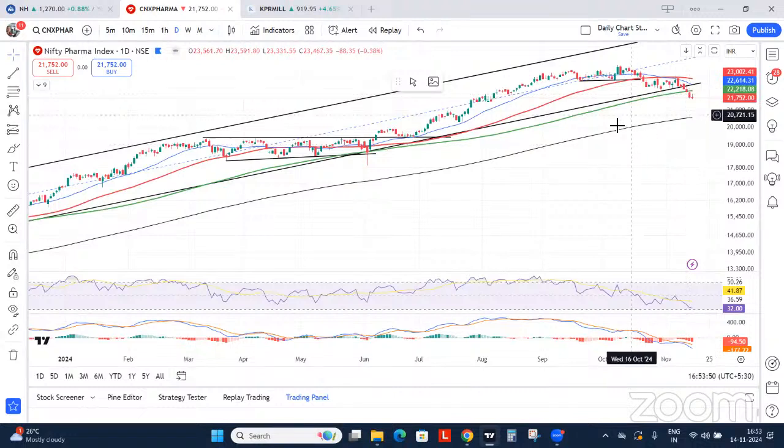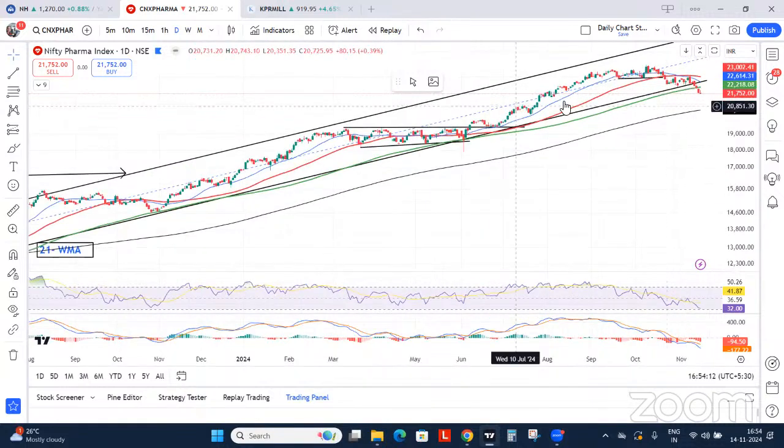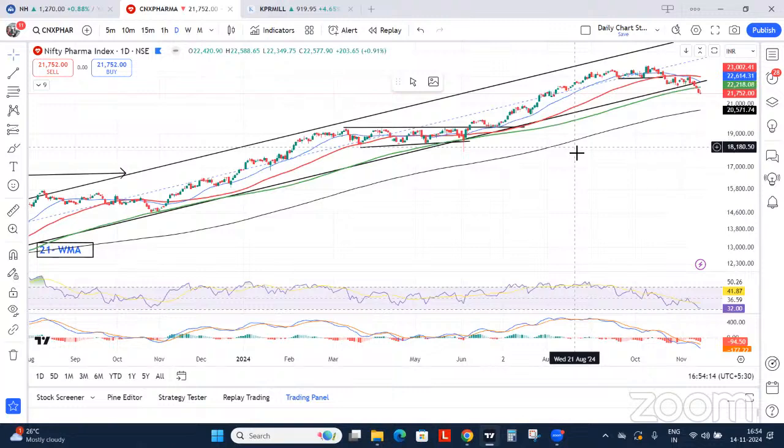A few stocks are doing pretty well despite the overall weakness, but the majority of core pharma stocks, like API manufacturers, are having some losses in this sector. So it's better to avoid it in this market.